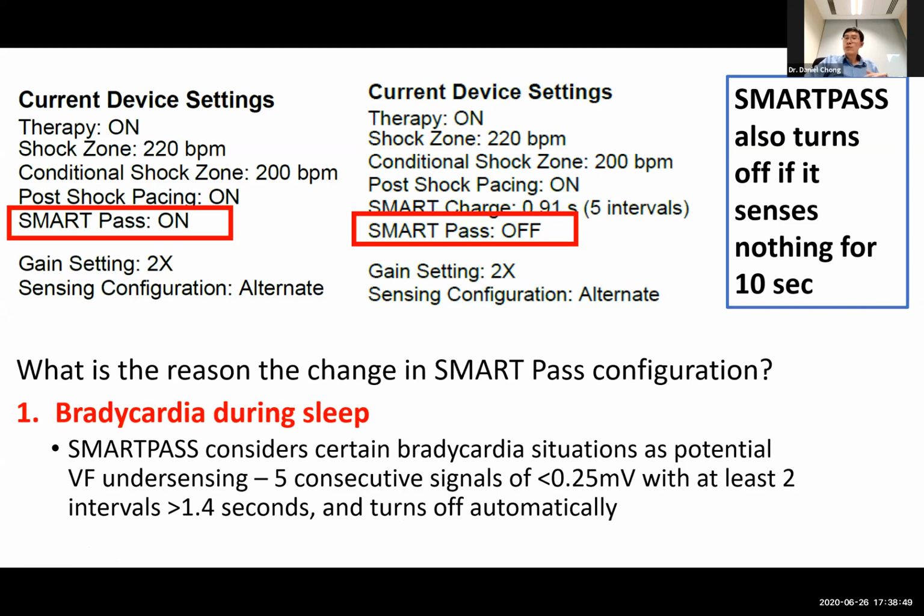And after we turned SmartPass back on and we got him to run on a treadmill, there was actually no significant oversensing, and the patient did not get another inappropriate shock. So this is a feature that may not be that familiar to some of us. So 5 consecutive small amplitude signals with a longer RR interval would automatically turn off this SmartPass.